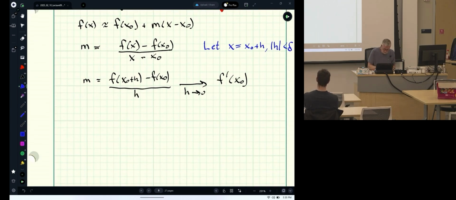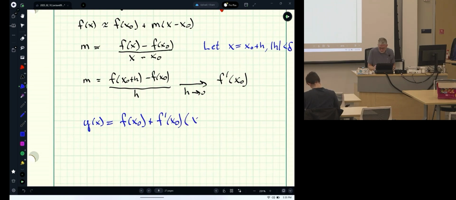Okay, so our linear approximation becomes y of x equals f at x0 plus f prime at x0 times x minus x0. And we'll just make that a definition.